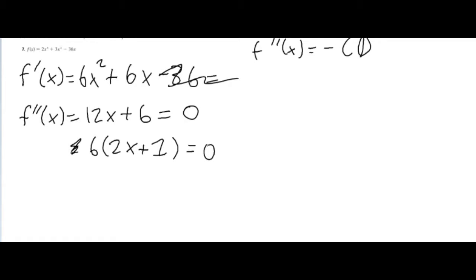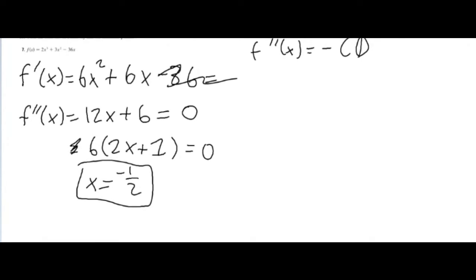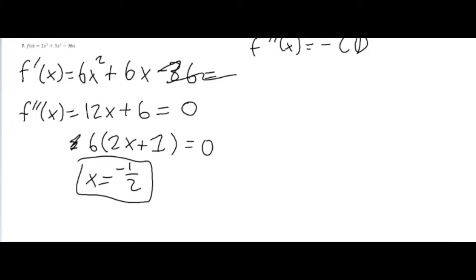And if we solve for that, we're going to get x equals negative 1/2. So this is going to be our inflection point. So we could say x equals negative 1/2 is our inflection point. And in order to complete that, we would plug it back into our original equation. So let us just do that really quickly.